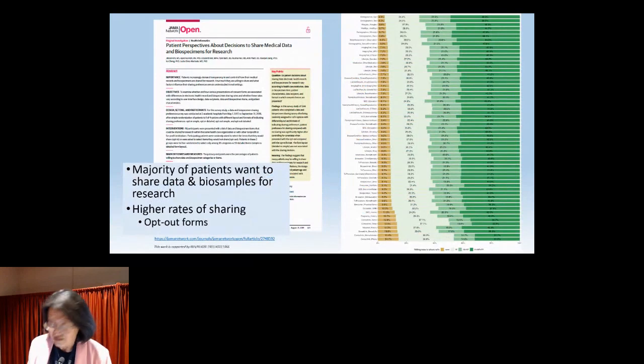We repeated this with a larger sample in another institution, so a two-institution study, and the results were essentially the same. As you see, we just changed the color here. The dark green are what were the light blues from before, and the yellow or orange are the ones who wouldn't share with anybody.